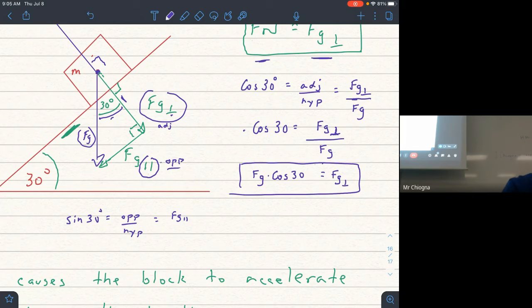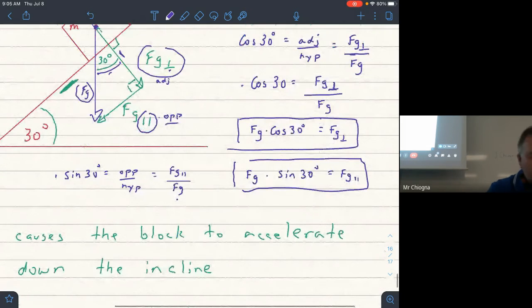Side by side, parallel. Over FG. Do the same thing. Cross multiply the FG with the sine. So you get FG times the sine is equal to FG parallel. There's one more formula, but those are the two main ones.